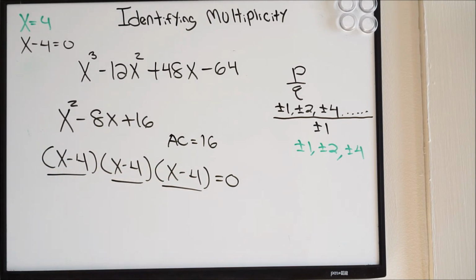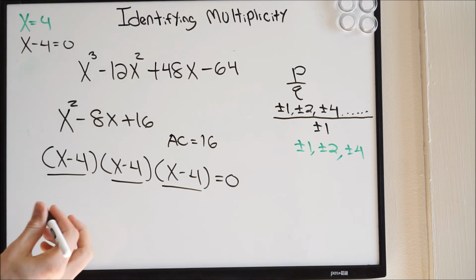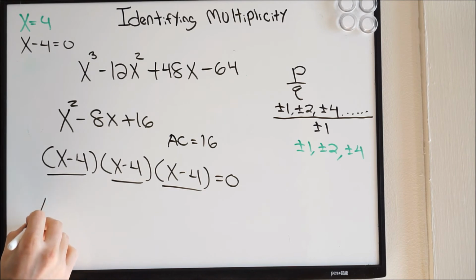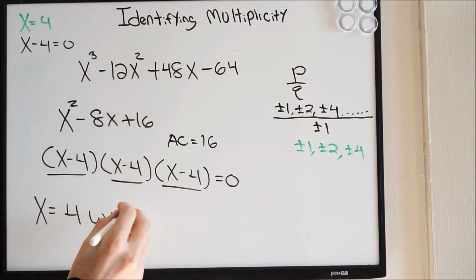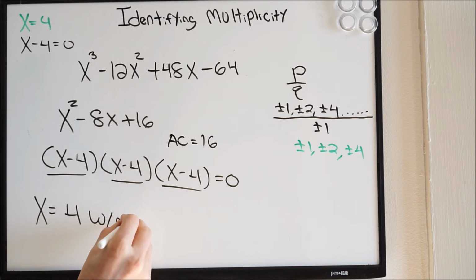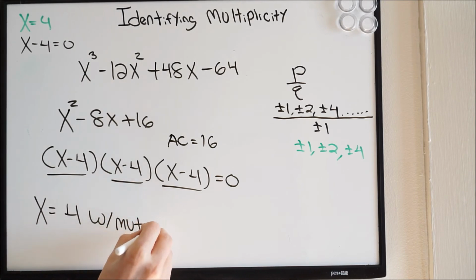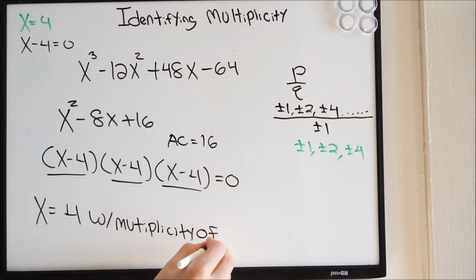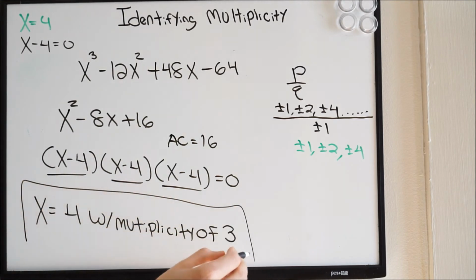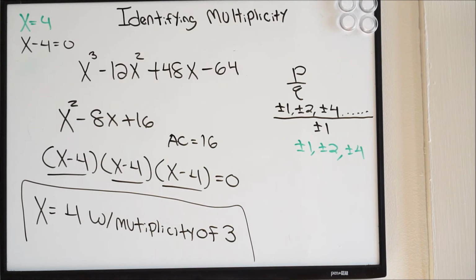So 4 is occurring 3 times here, meaning our roots, we could say, x equals 4 with multiplicity of 3. Okay? So that is identifying the multiplicity. So we would have 4 with a multiplicity of 3. Okay, so that would be the answer there.